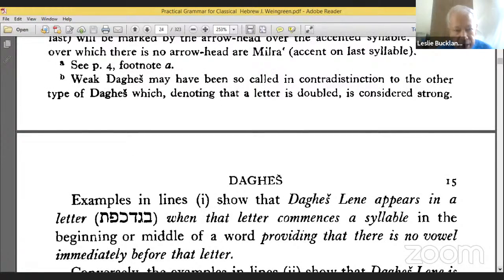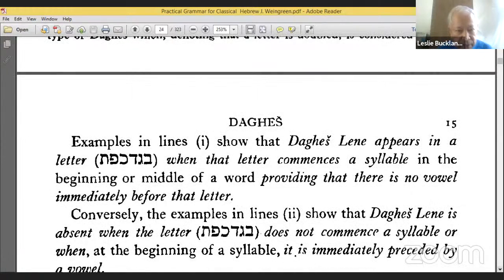All right, here's some more information. So examples in lines 1 show that Dagesh Lenny appears in a letter, Veith, Gimel, Thalith, Kaf, Fe, Thau, when that letter commences or begins a syllable in the beginning or middle of a word, providing that there is no vowel immediately before that letter.